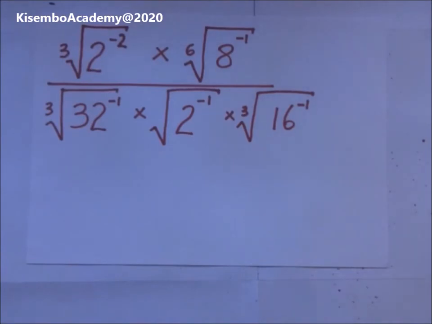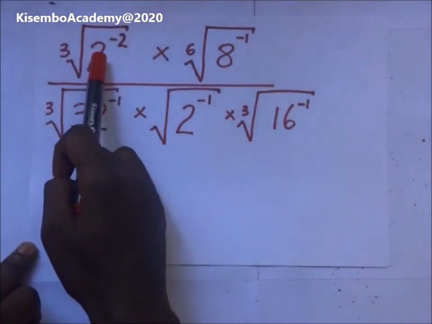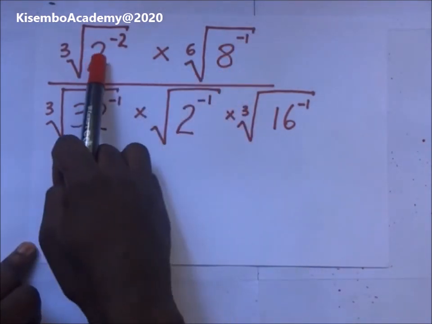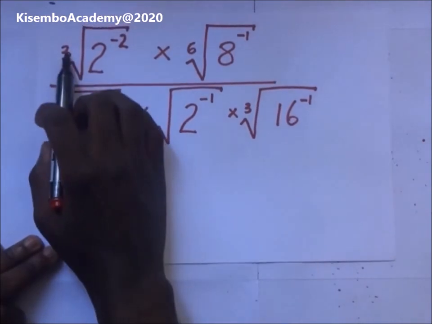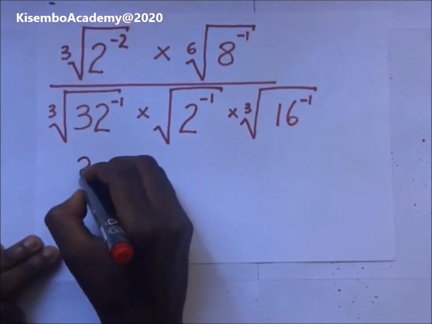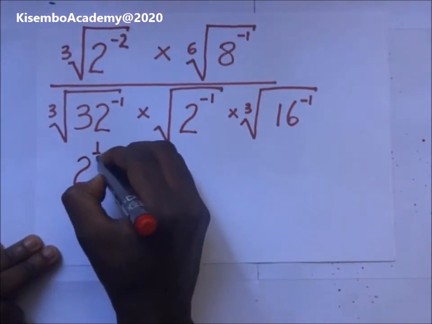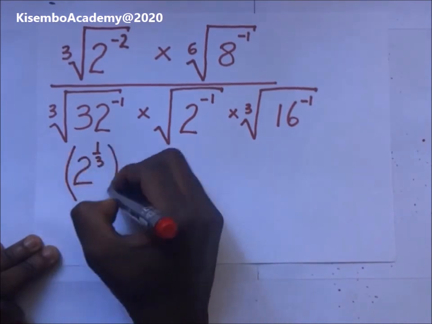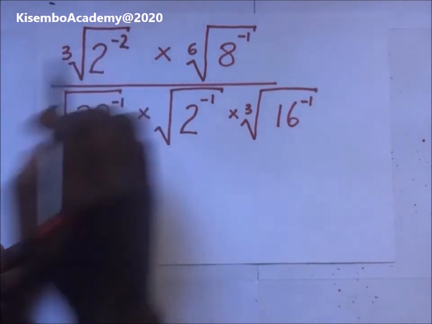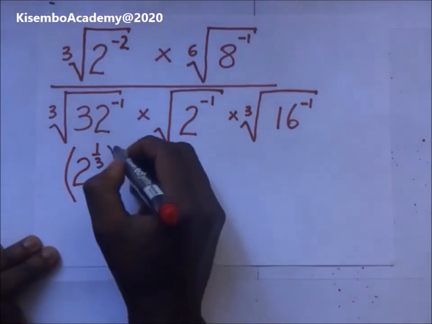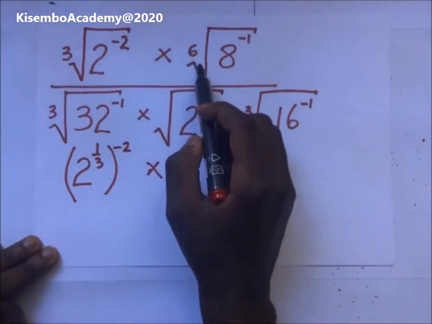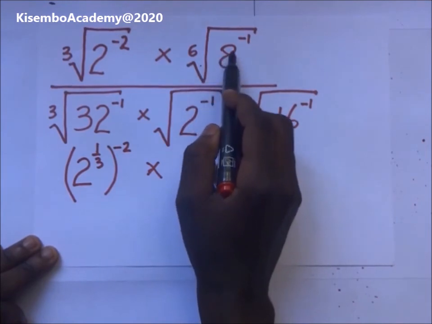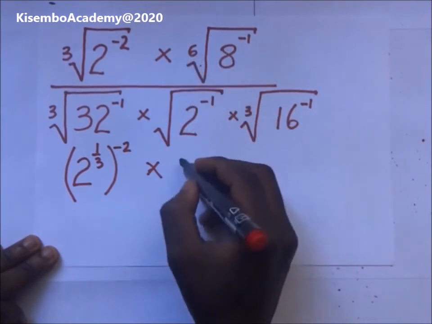From that previous clip from our previous video, we said we can convert this back to the fractional indices. So this is going to become 2. Since it is the third root, it's going to be 2 to the power a third. And this whole thing is to the power negative 2. Multiply that by the sixth root of 8, which means this is 8 to the power 1 over 6.